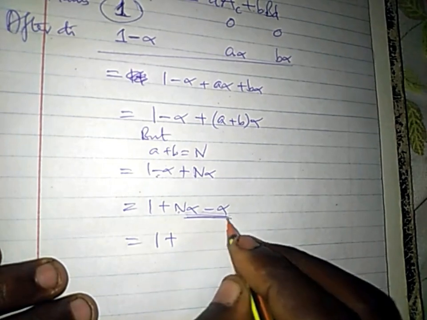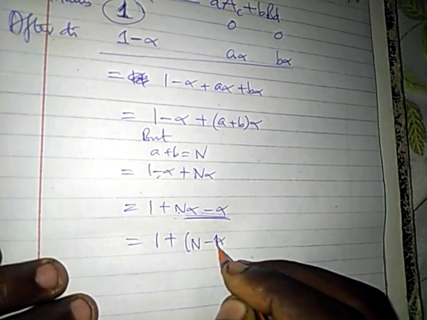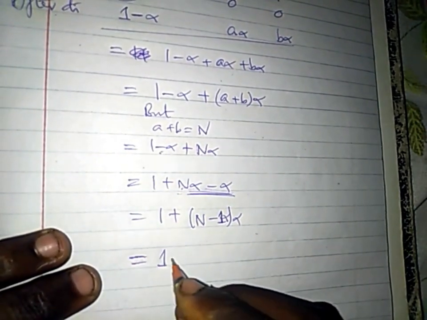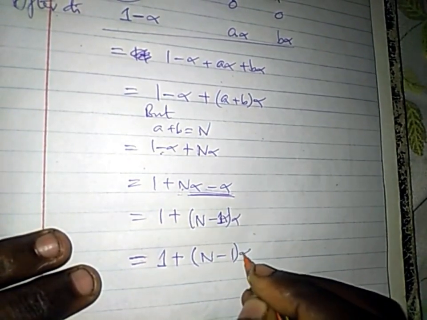Ukifactor out hapo inaweza kuwa ni N minus 1 then alpha. So total number of molecules after dissociation inakuwa ni 1 plus N minus 1 alpha.